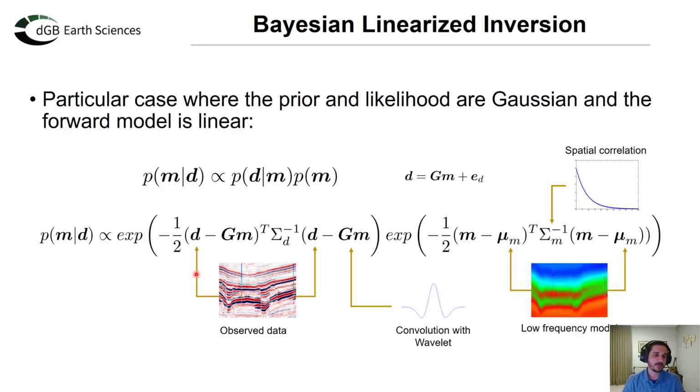We have the observed data in this vector D, the low frequency model in this vector here, and then the convolutional model with the wavelets, which is our synthetic seismic data. In the prior, we also have the spatial correlation model, which is included in this covariance matrix.